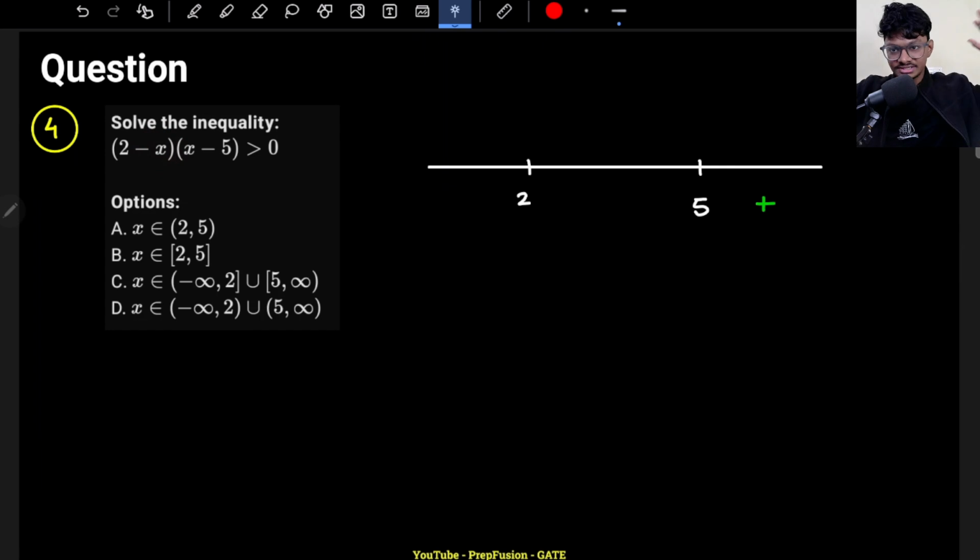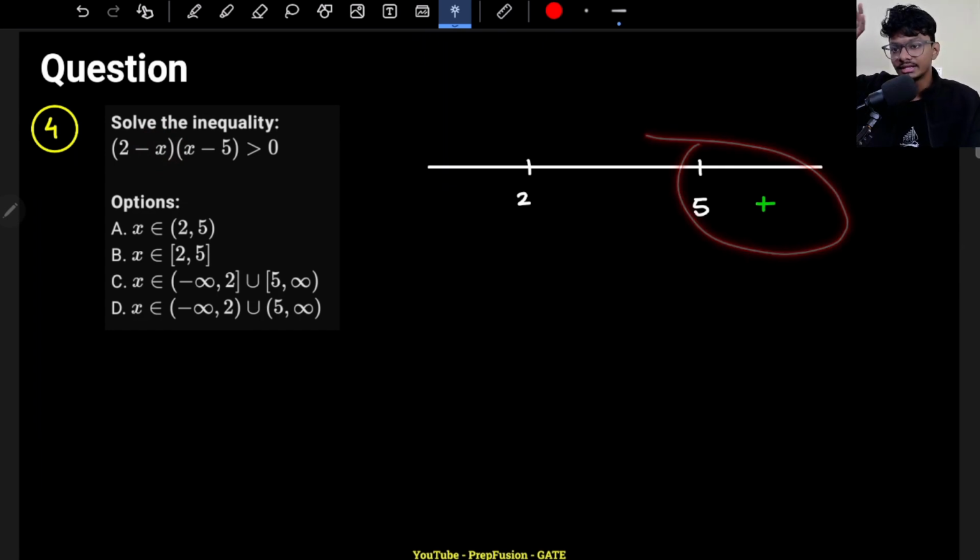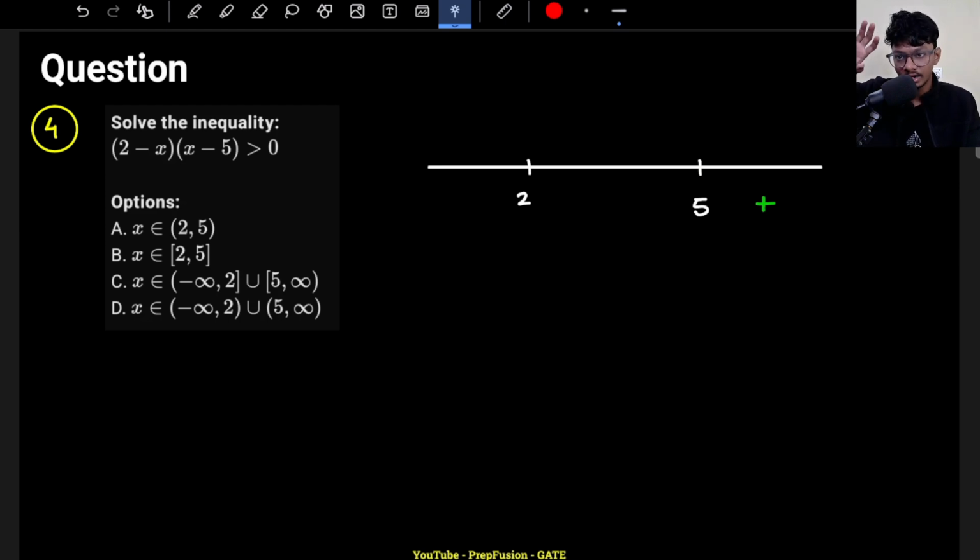You don't have to take any stress. Just derive the sign for one of the regions, and in the other regions, automatically, after every critical point I pass, the signs will change. Of course, there is a note to this, a small thing that I want to add on this rule, which I will add in the next slide itself. Don't worry. For now, understand that at every critical point the sign will change.